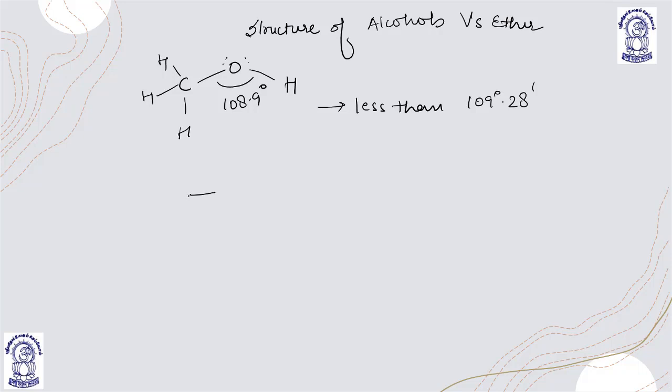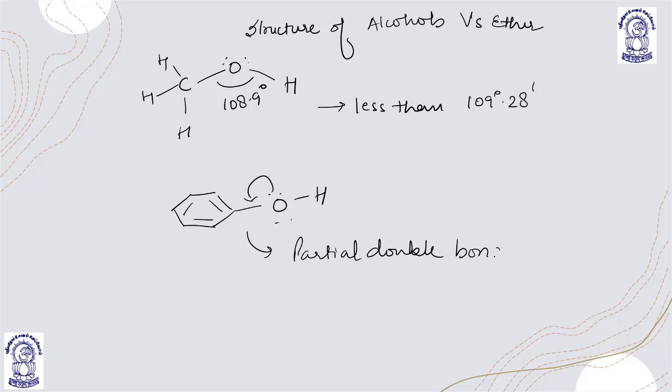In case of phenol, as we know, the carbon is sp2 hybridized, so there will be a partial double bond character over here, and that is why the bond angle is greater.